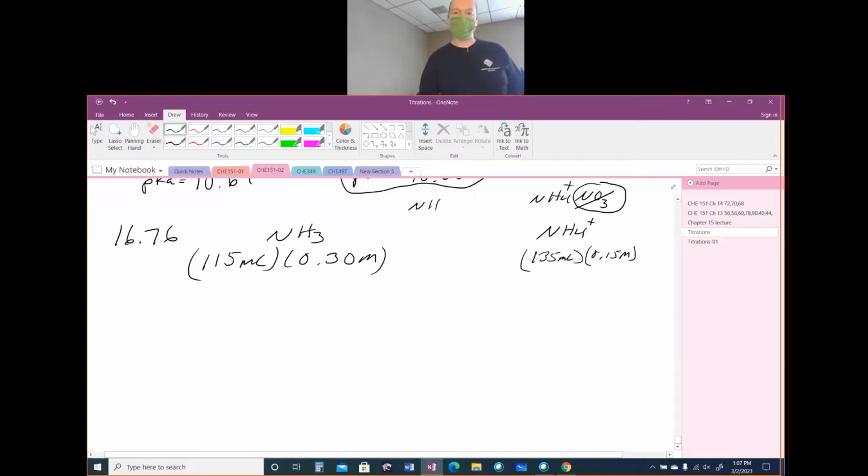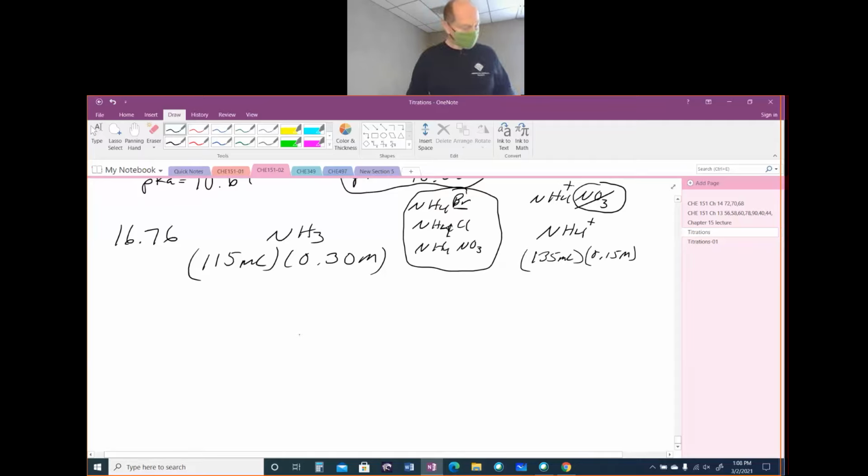If you have NH4Br, again, the Br is the conjugate of a strong acid. Prior to that, we had NH4Cl. HCl is a strong acid, so that makes no difference. And this time they use NH4NO3. HNO3 is a strong acid. All of these things would be exactly the same.